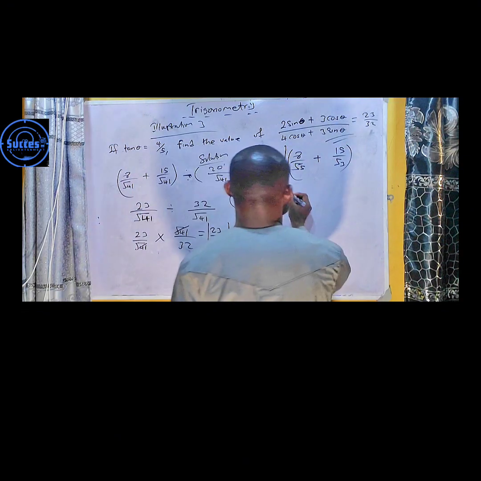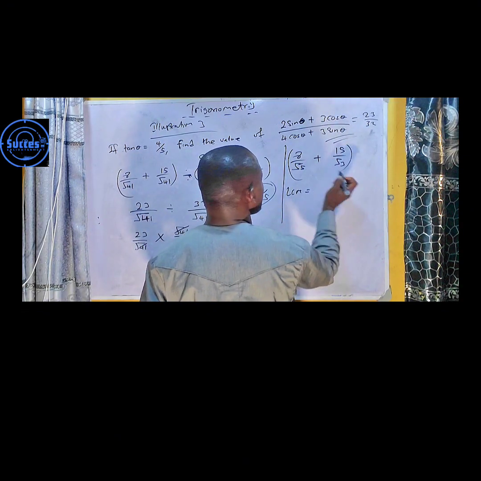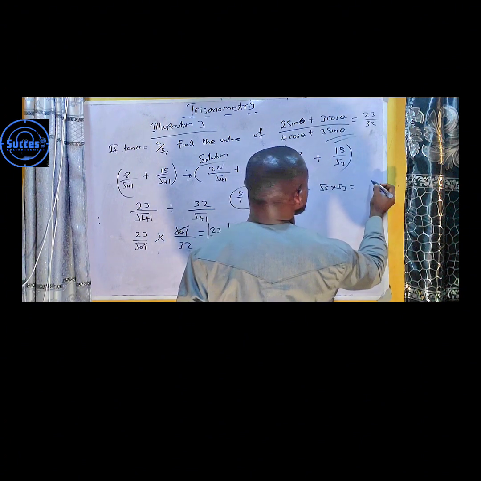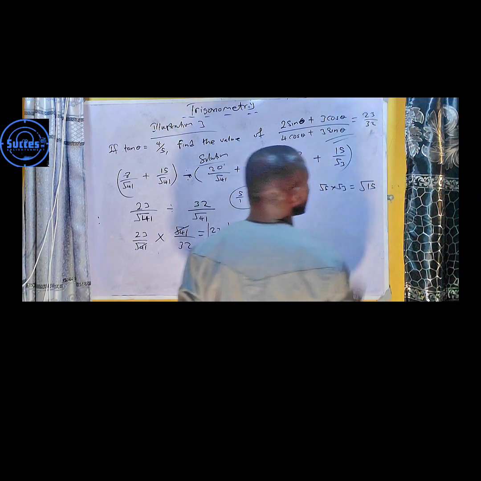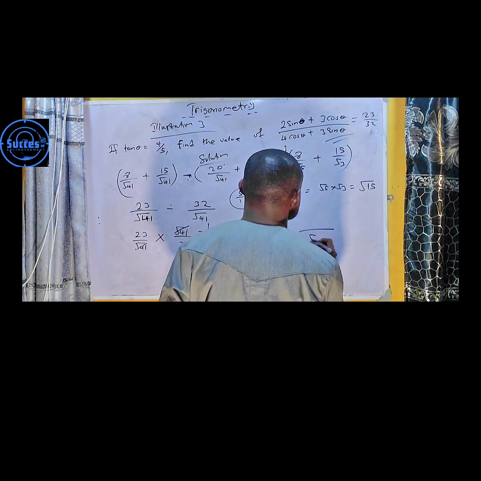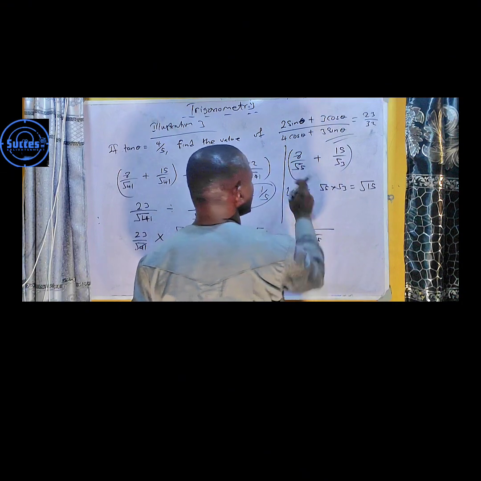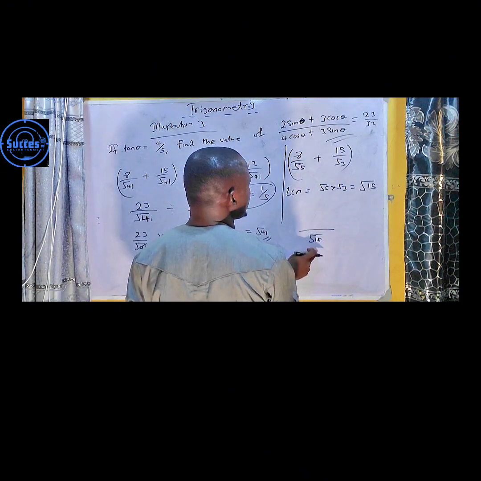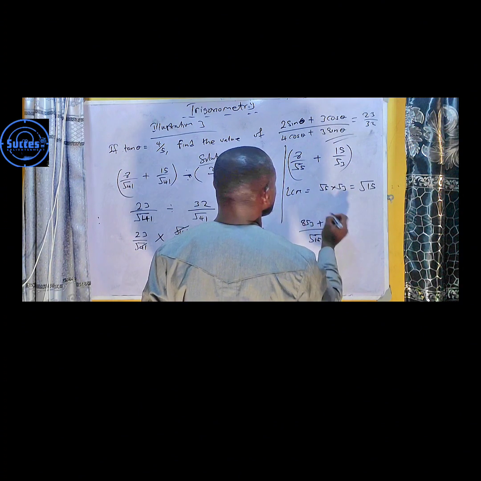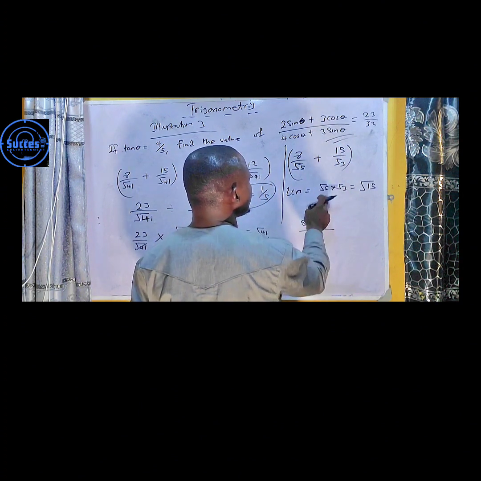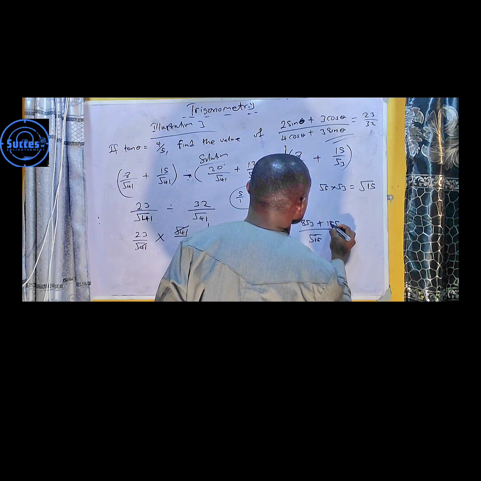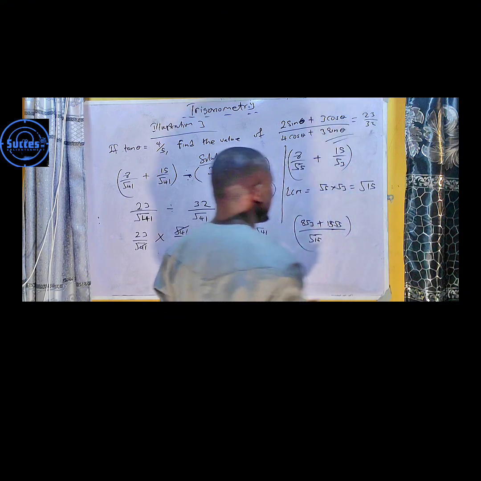Okay, so the LCM here is root 5 times root 3, which is the square root of 15. So here you take the LCM to be square root of 15. Square root of 15 divided by square root of 5 gives you root 3, so this will be 8 root 3 plus, square root of 15 divided by square root of 3 gives you root 5, 15 root 5.